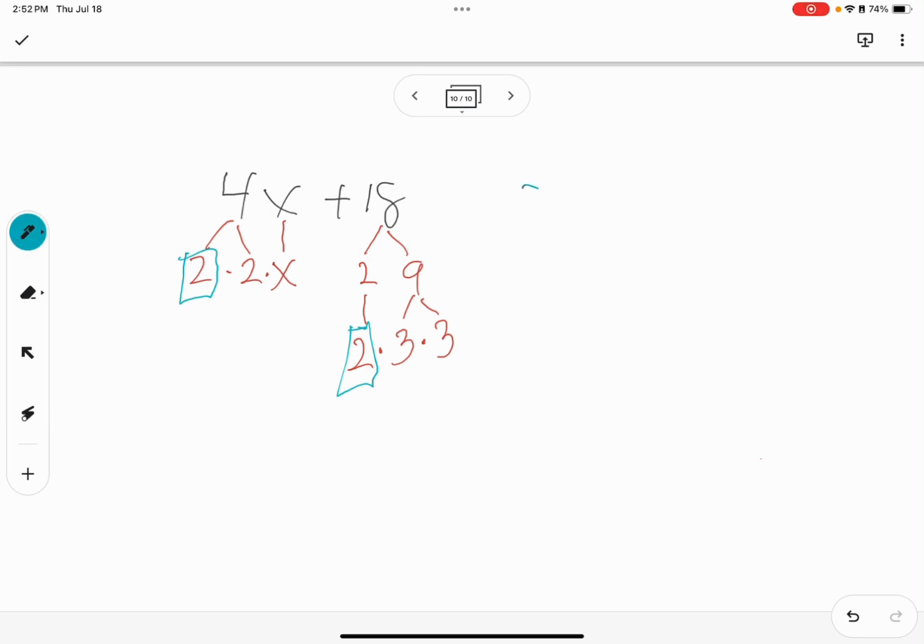So my factor, I'm going to write here, is going to be 2. Okay? So I'm factoring it out, which is the opposite of distribution. So I'm going to have this 2 be on the outside of my parentheses. Now, one way to look at it is, what do I have left? Well, I've got 2x. So I can just put 2x.